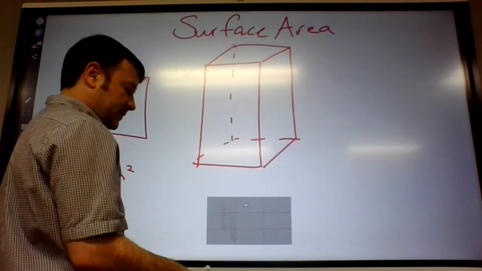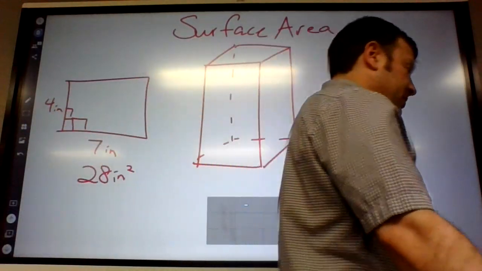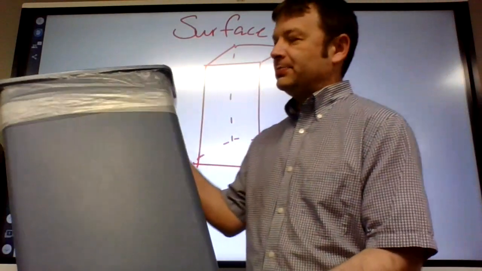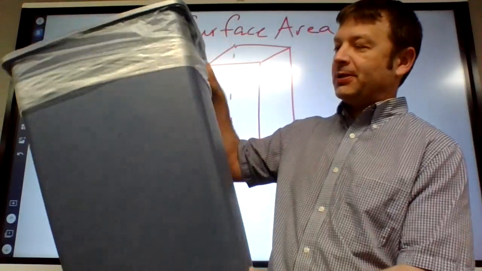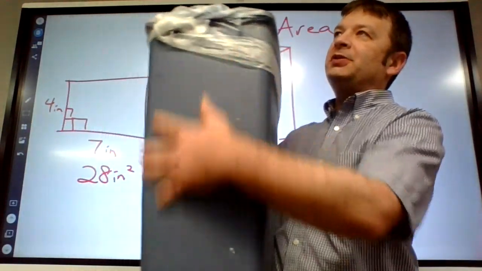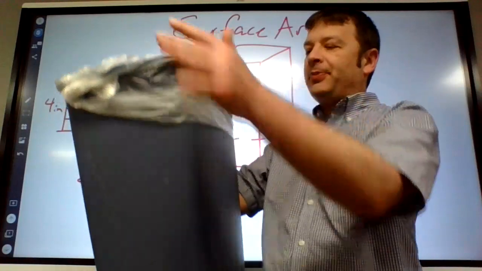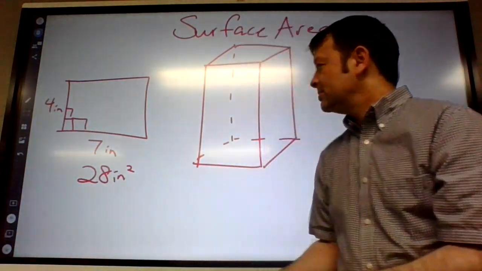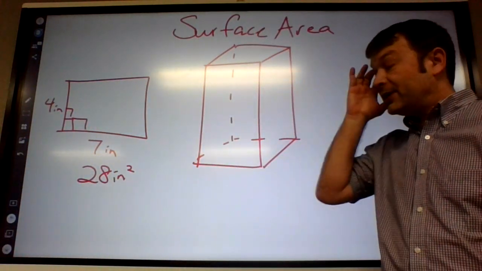That's basically what surface area is. So I have a box here. This isn't quite a perfect rectangular prism, but it's basically the same thing. We could find the area of each of these sides and the bases, the top and the bottom. If we added all those together, that would be the surface area. Okay, that's the general idea.